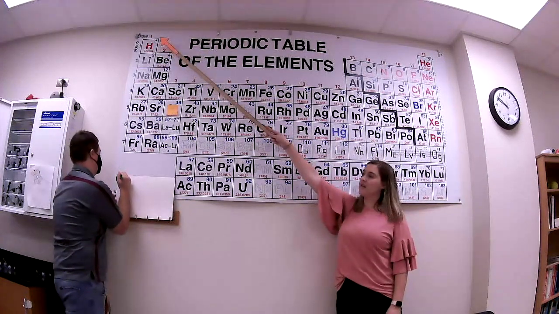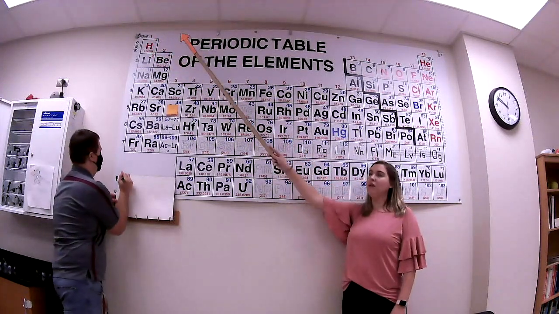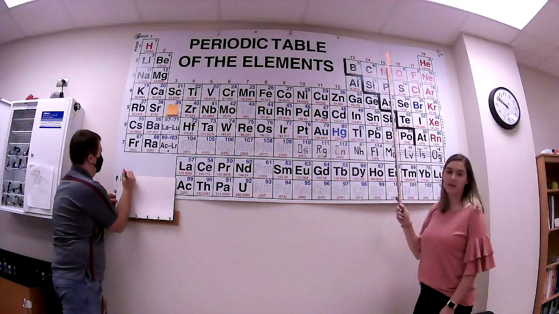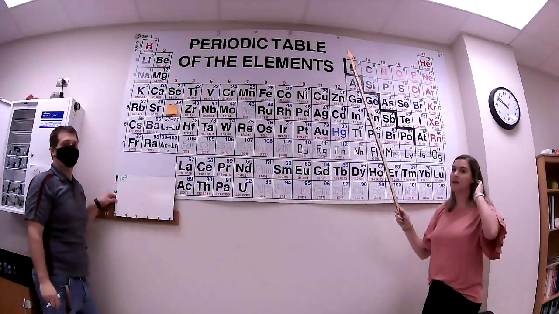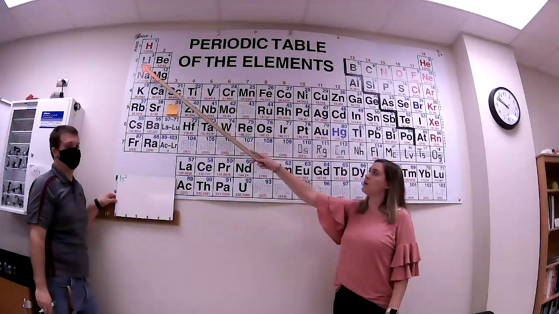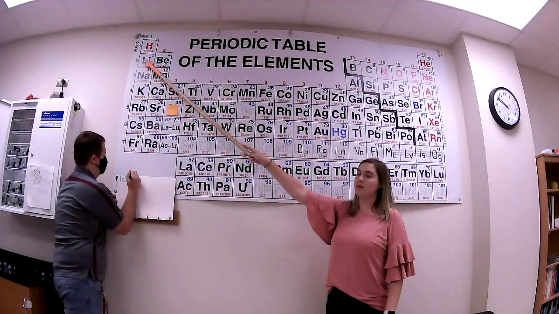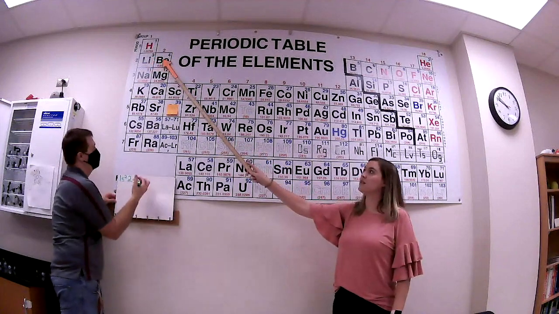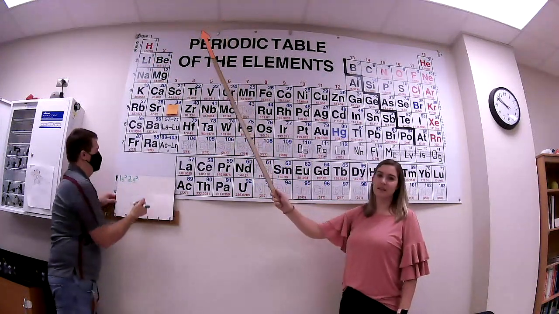1, S sublevel, crossing 1, 2 boxes. All right, now we've finished the first row. So now 2 S sublevel, we cross 1, 2 boxes.